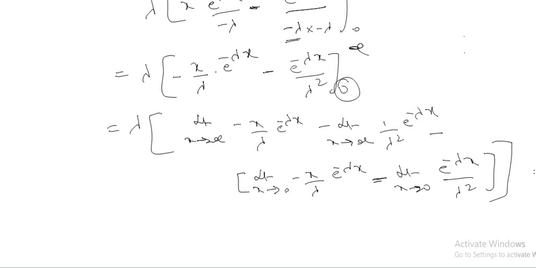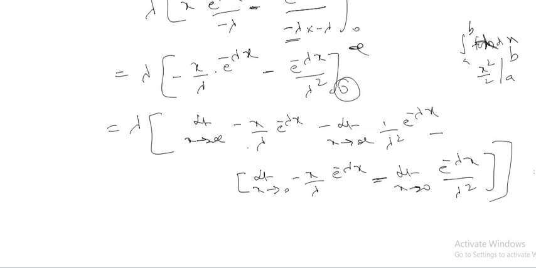See, integration a to b f of x dx: in case it is x square by 2 with limits a to b, first substitute b, minus, then substitute a. In the same way I have just written it in the form of limits.